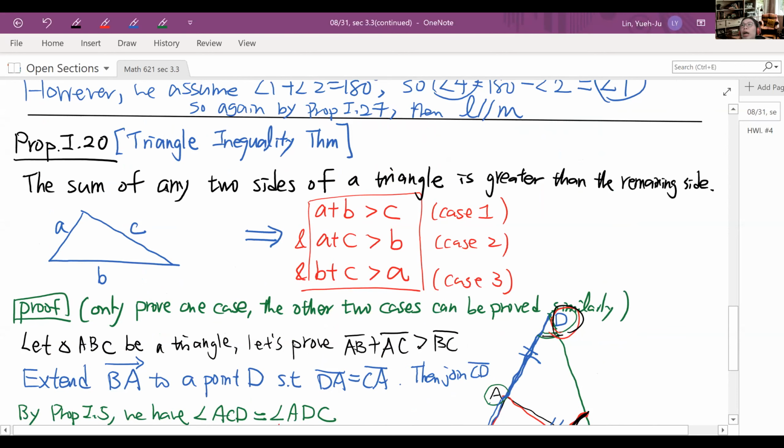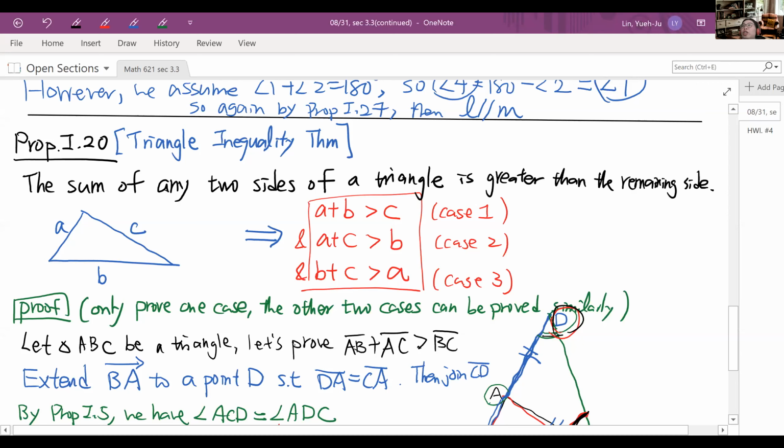The other way around, kind of like a converse of it: if I give you three segments with certain lengths and ask you to draw me a triangle, the first thing, before you can even draw it, you should ask me whether these three segments satisfy this triangle inequality.